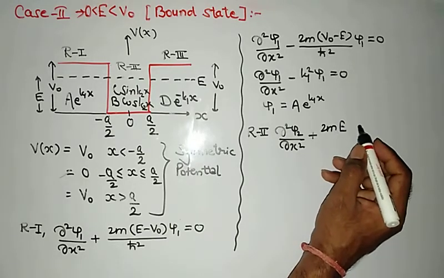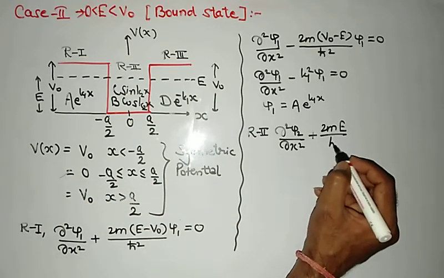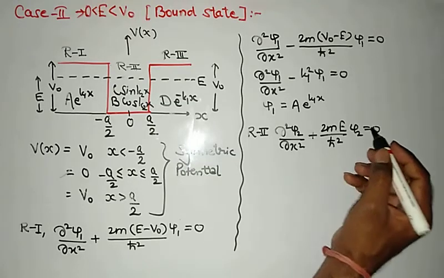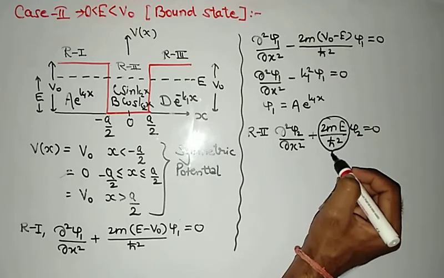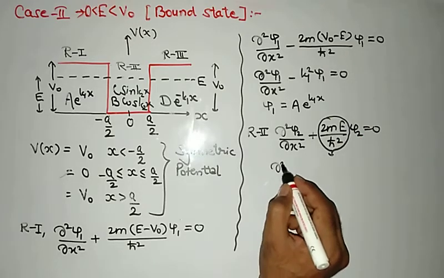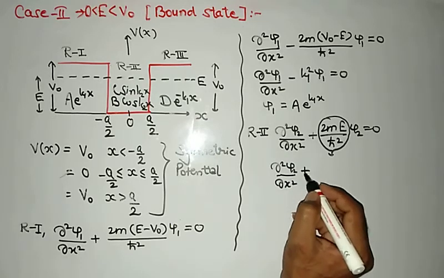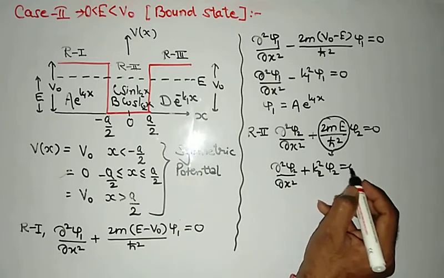But V naught is 0, that is V is 0, so only E upon h cut square psi 2 is equal to 0, writing k2 square for this one. So del square psi 2 upon del x square plus k2 square psi 2 is equal to 0.